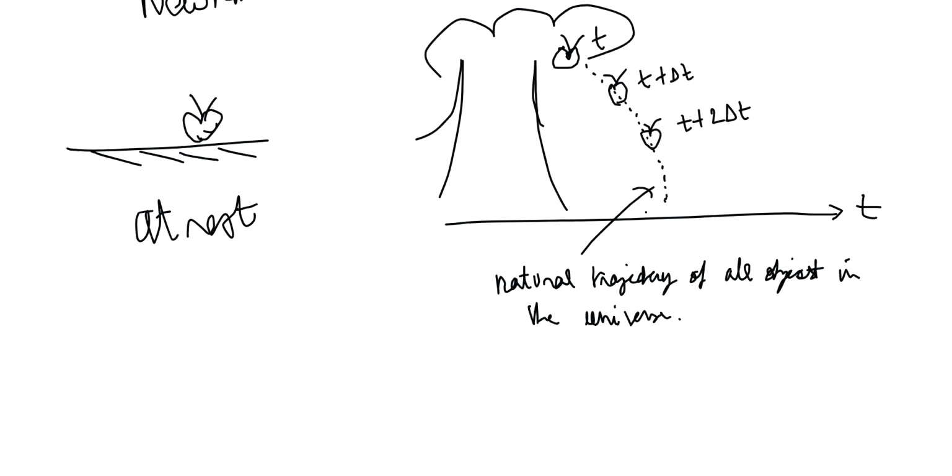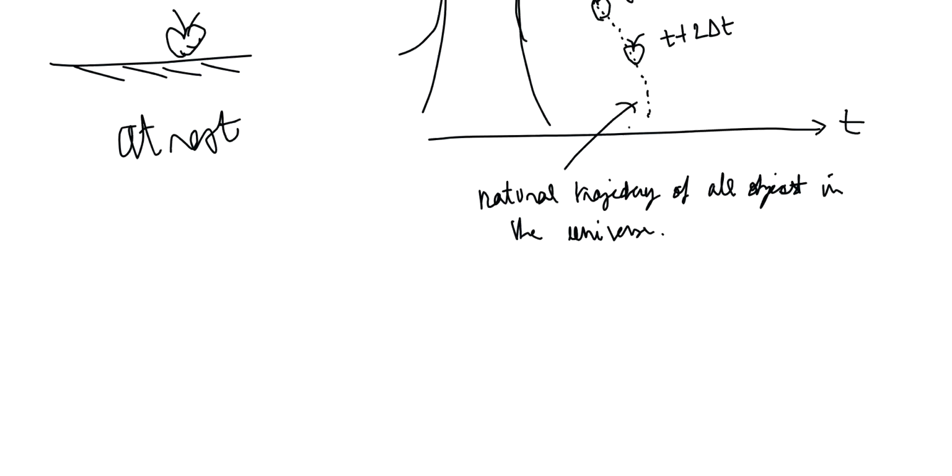It's the natural trajectory. Natural trajectory means no preferred direction. It's geodesic.